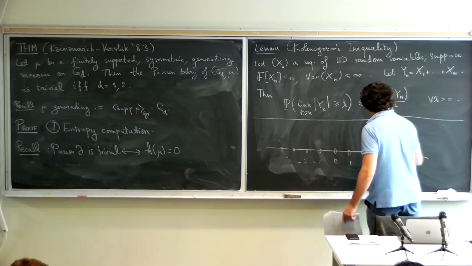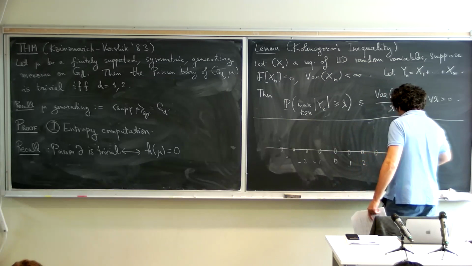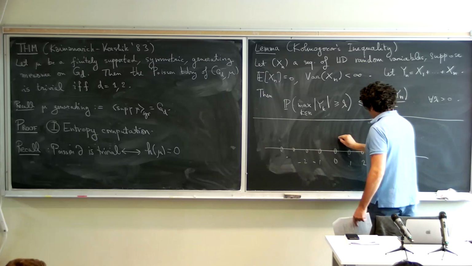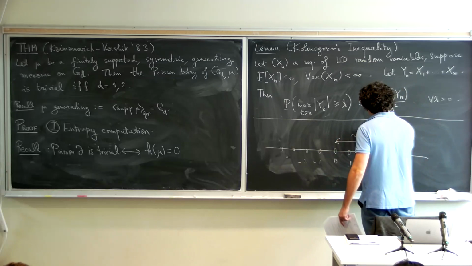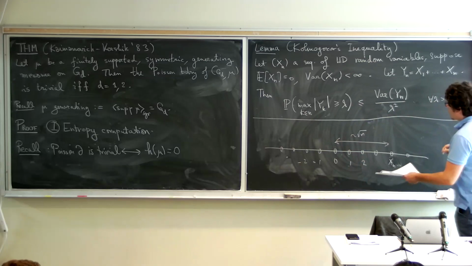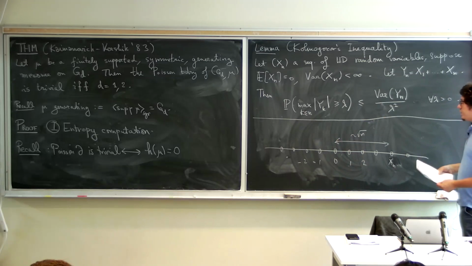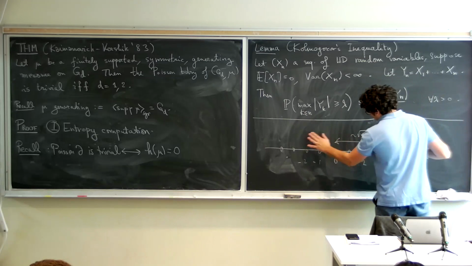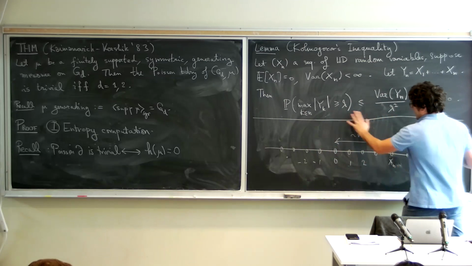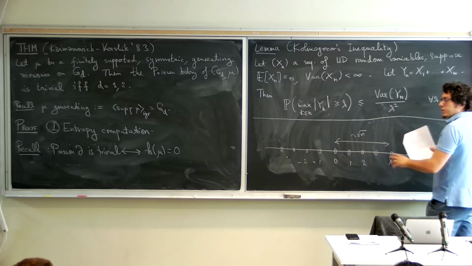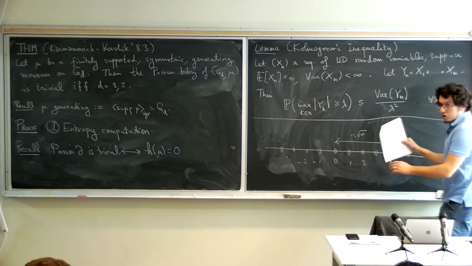So the distance at the n-th step, call it X_n, will be roughly square root of n. And we can use that to compute the entropy. Most of the time the walk will be within the square root of n radius, and then you can do a sort of counting.